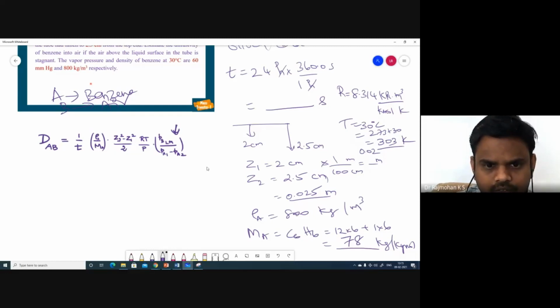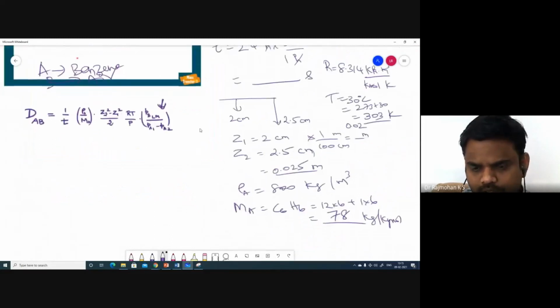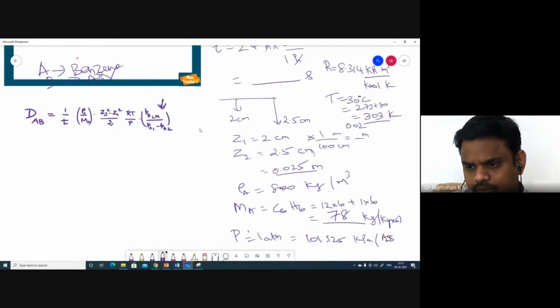Then what we need? Total pressure. It is not mentioned, we can take it to be atmospheric pressure. Okay, so total pressure is 1 atmosphere or 101.325 kilopascal assumed.